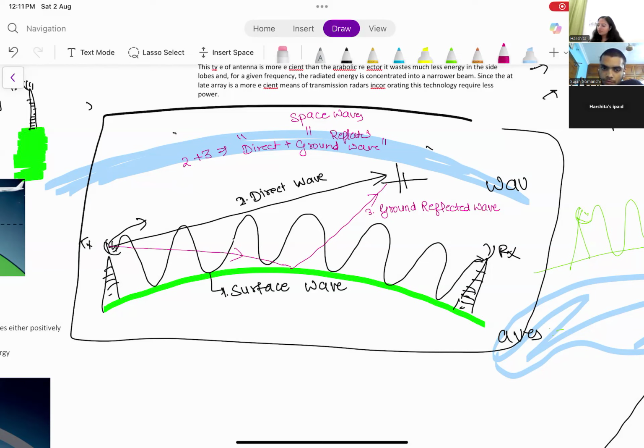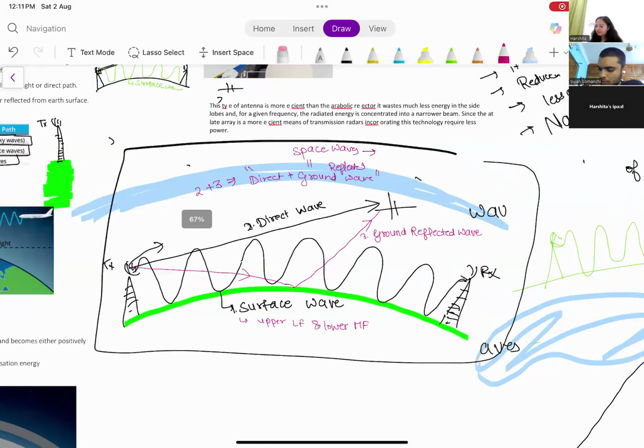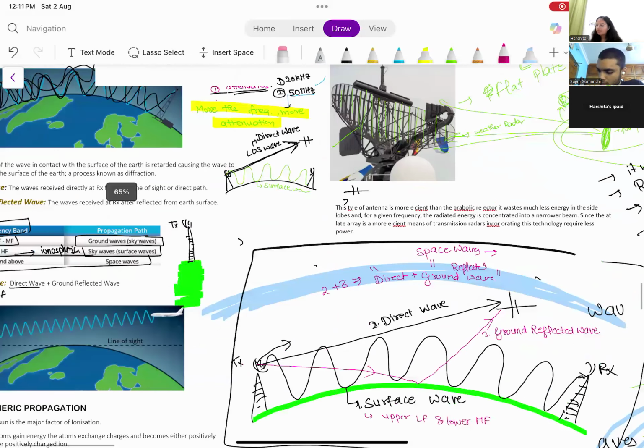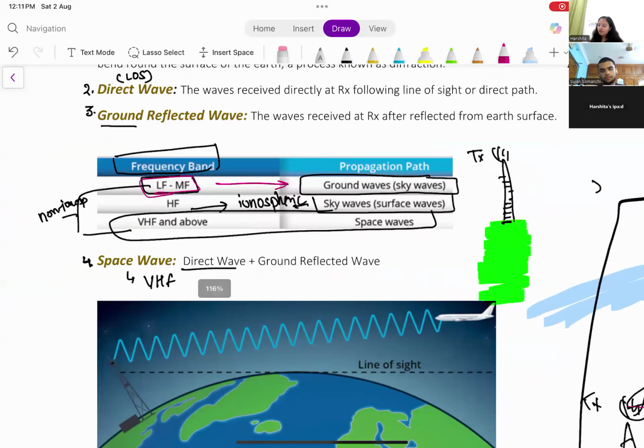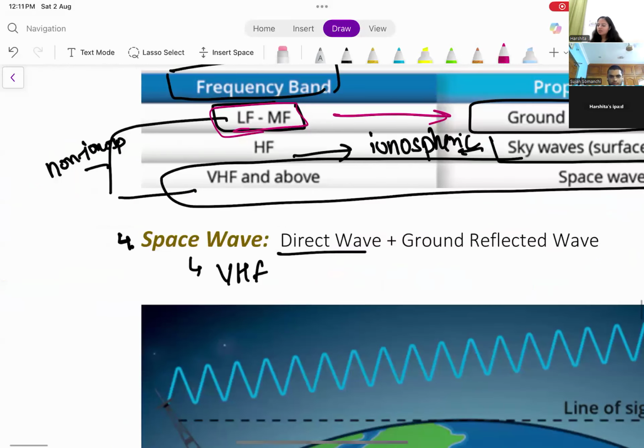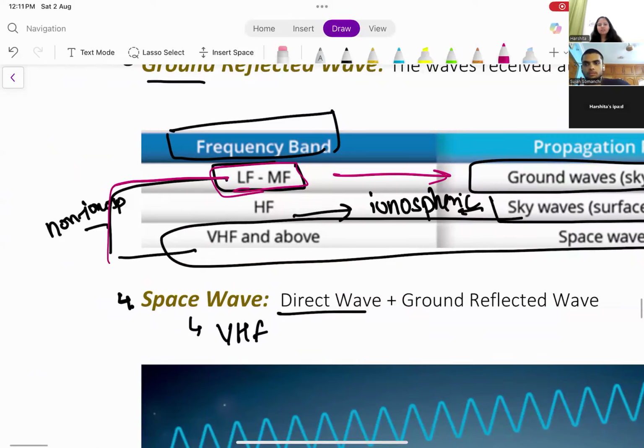If we just talk about the surface waves, in questions, sometimes it is said that they use a frequency band of upper LF and lower MF. In this table we had seen that the frequency band used by the ground waves only is the LF and MF band, and in total, the non-ionospheric propagation uses LF till VHF.